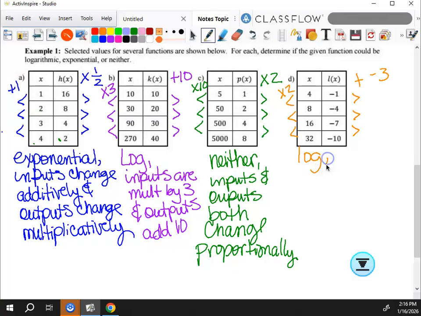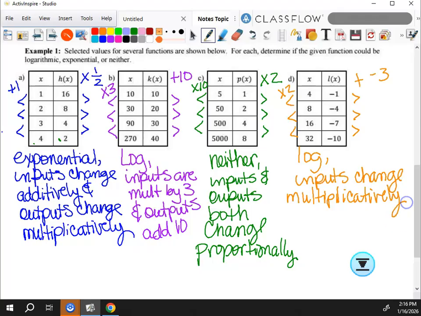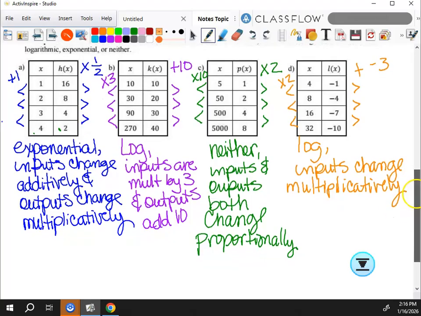Okay, so these words, this is what I'm going to say. Inputs change multiplicatively, because I like that word, multiplicatively. And this is probably the only time that I would ever actually use it in a sentence.